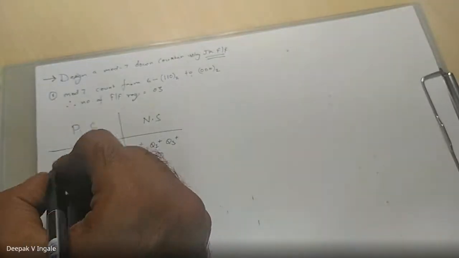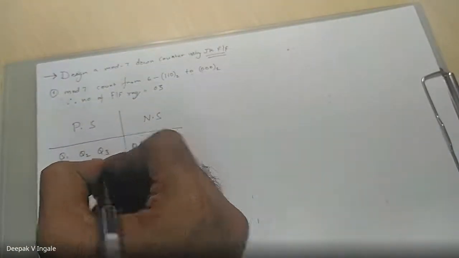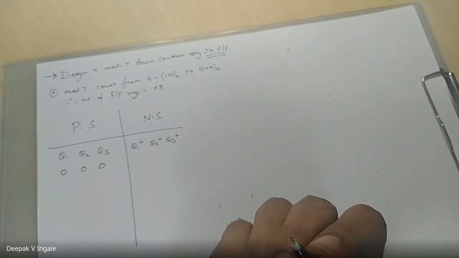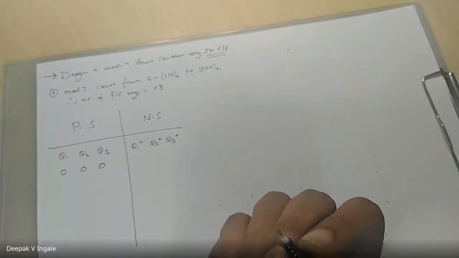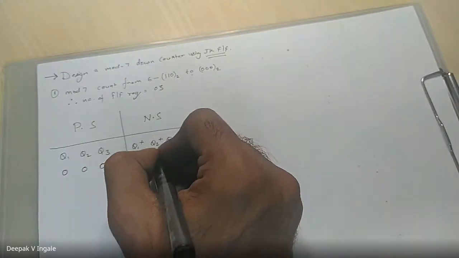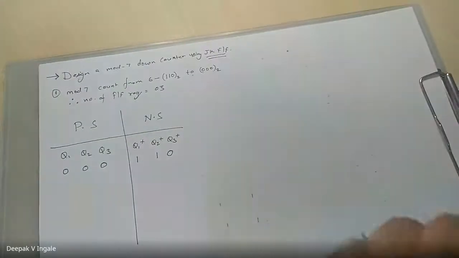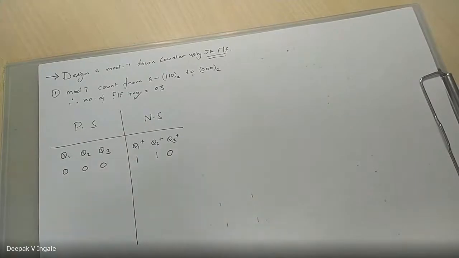Assume that it starts with 0 0 0. You minus 1, what would you get? You would get 6, so your output should be 1 1 0. Usually people write 6 here, 5, 4, 3, 2, 1 and 0, but if you write it in that fashion, writing the K-map would be a little tricky.